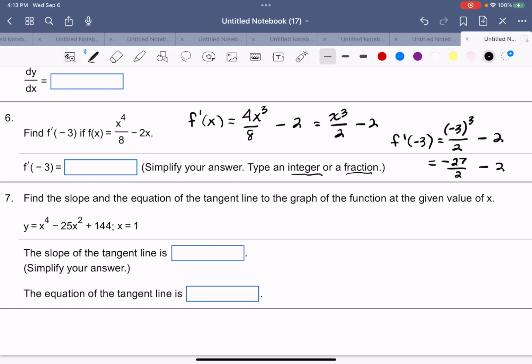You do that by pressing second fraction key, enter. But I'm going to do it the old-fashioned way. -27 over 2 minus 4 over 2, because 4 divided by 2 is the 2, with a common denominator of 2, is -31 halves. So our final answer is -31 over 2.